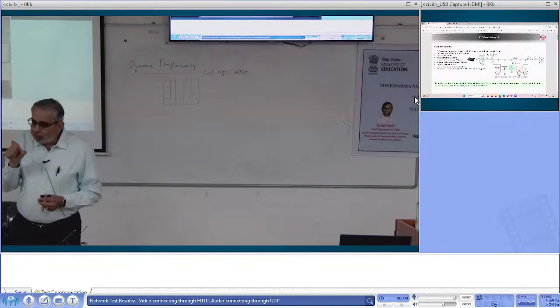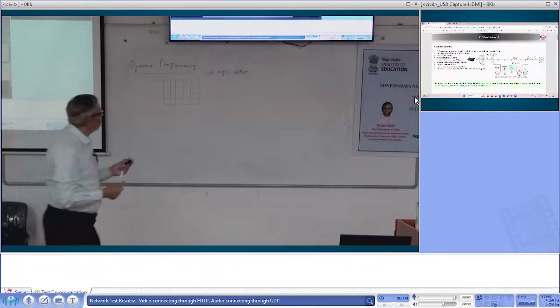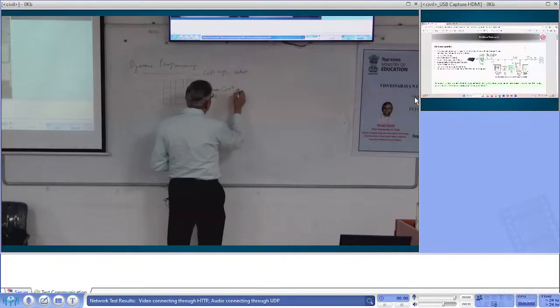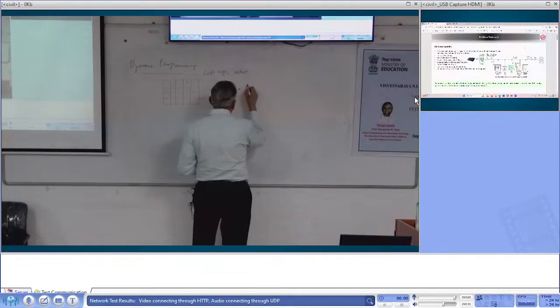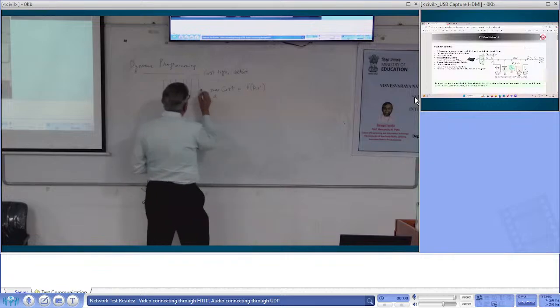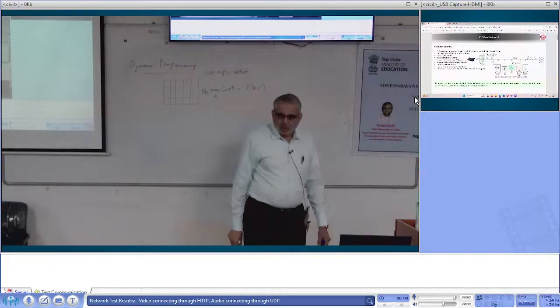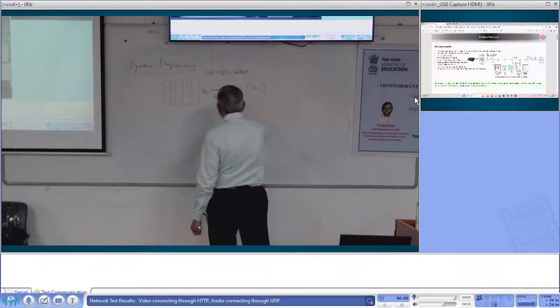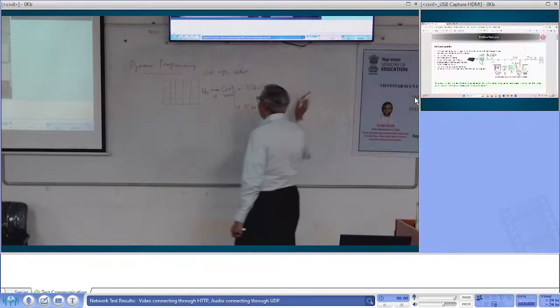So Vk is the minimum over all actions A of the cost plus Vk plus 1. The action takes you to the next state, and then there is the cost from there.